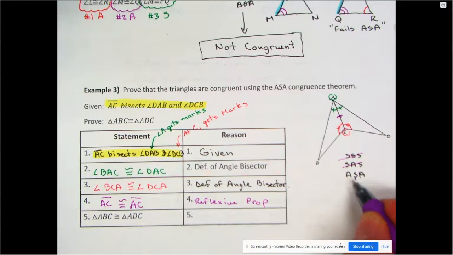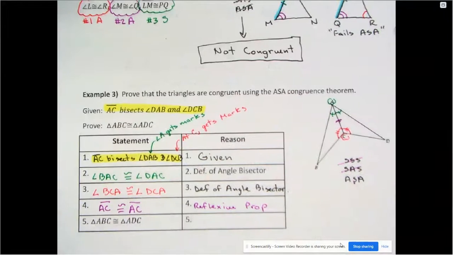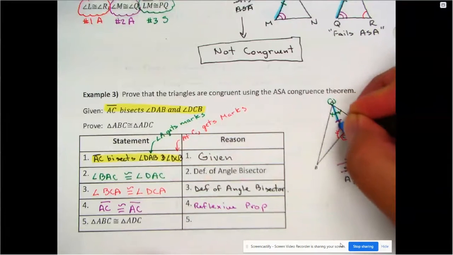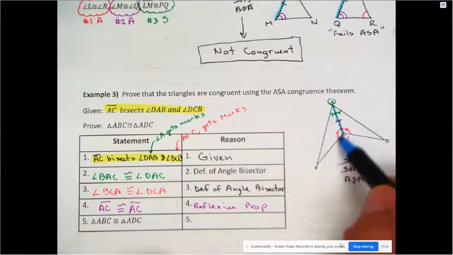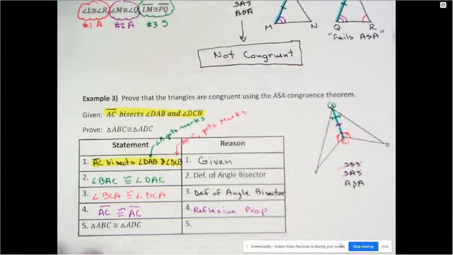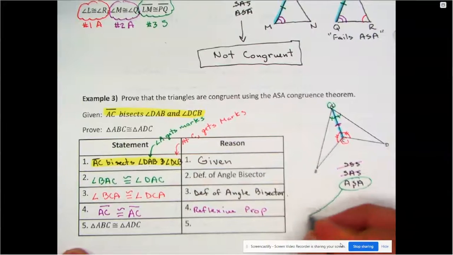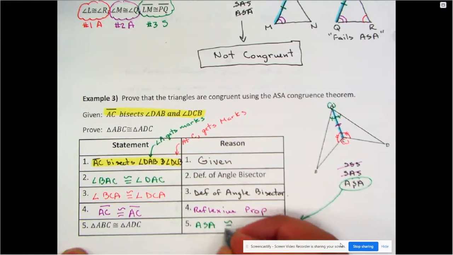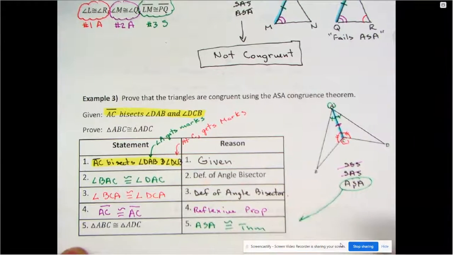Now the question is, is that side touching both angles? Because it has to be in the middle. Well, here's the side that was marked. And yes, it is definitely touching the green angle and the red angle. Then we have a winning reason there, everybody. Angle side angle congruency theorem is what helps us finish this proof.